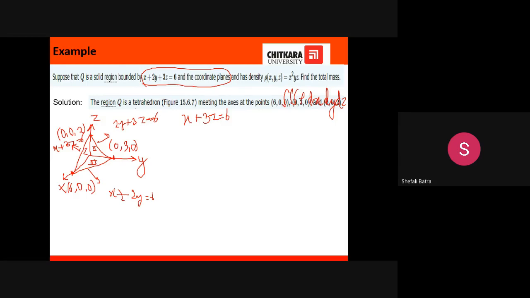Getting my point? And the third triangle would be on your floor. One triangle on the left side, one on the right side, and one on the floor, right? And the fourth phase is defined by x plus 2y plus 3z is equal to 6.